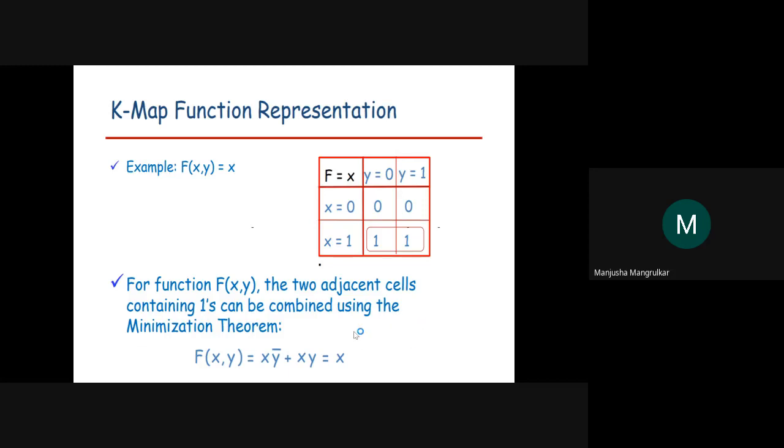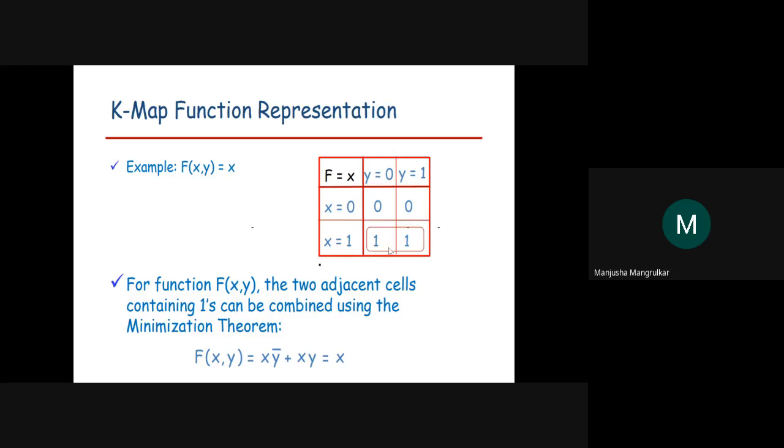So what is this y complement plus y? As per Boolean algebra, it is 1 only. So x into 1. So what will be the term? x. So rather than solving all this Boolean expression by remembering all the theorems, we can minimize using a K-map.